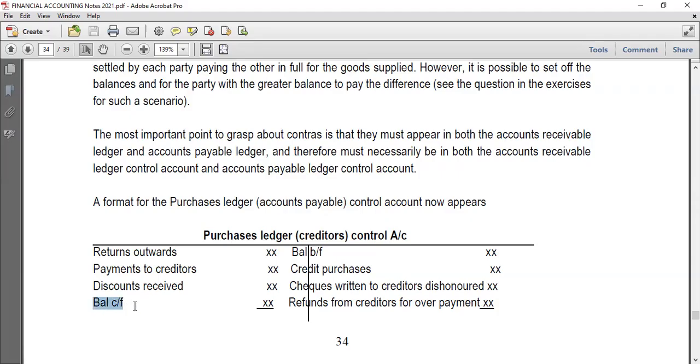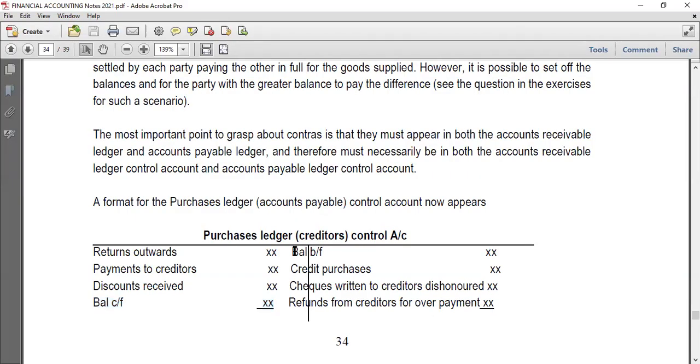Now, the reason why, similar to the other, this one is on the debit side, yet creditors have a normal credit balance, is because as it is a balance carried forward here or carried down right here in this period, in the next period, it will actually be a balance brought forward on the credit side, okay? So that is the principle, basically.